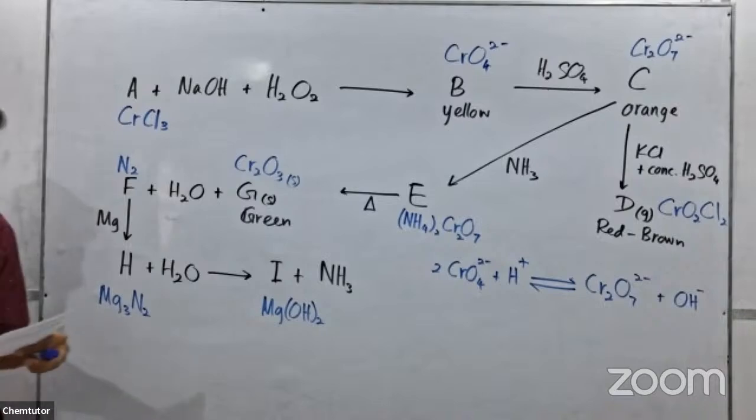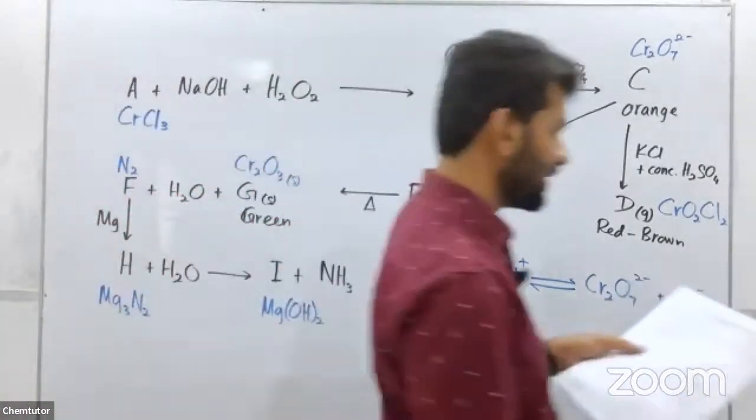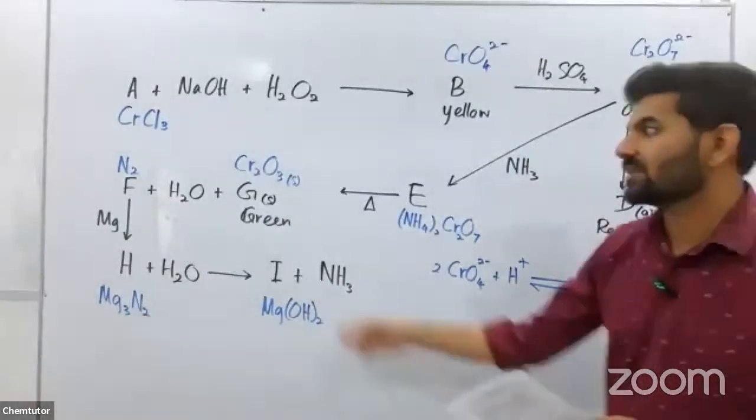Right. So give the chemical formula for A, B, C, D, E, F, G, H, and I. So you can write these chemical formulae.